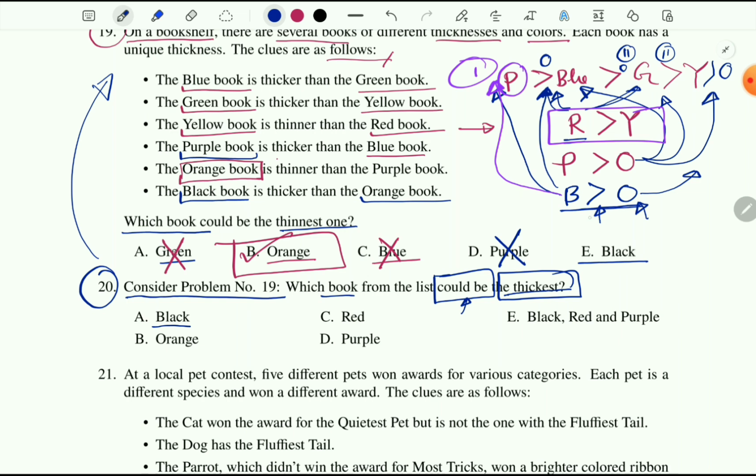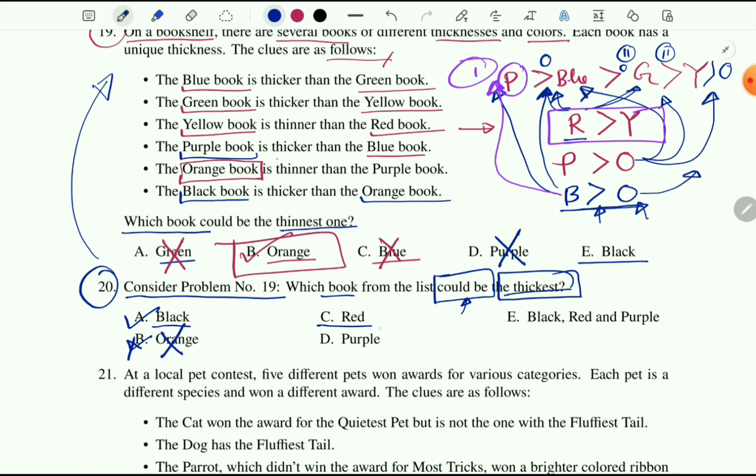There is a possibility, so it could be the answer. Option B, orange. No, orange cannot be the thickest one because orange is already thinner than purple and thinner than black. So there is no chance to be the thickest.